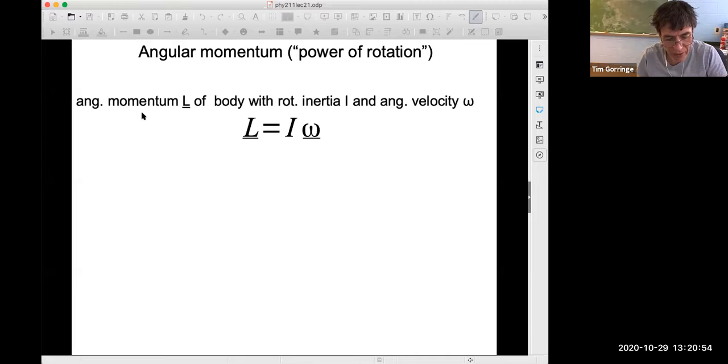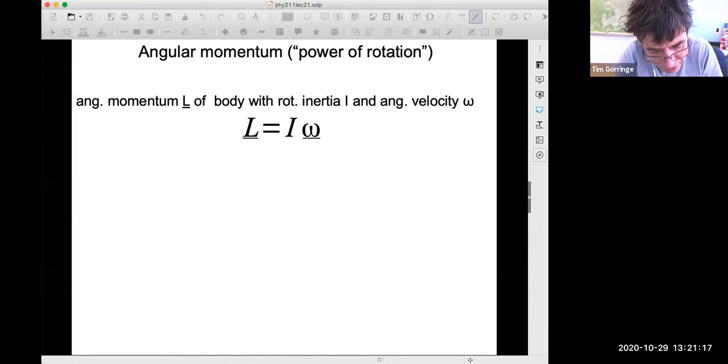We can define angular momentum, which we give the symbol L, in terms of the angular velocity of a rotating object and its rotational inertia, rather than defining linear momentum in terms of linear velocity and mass.